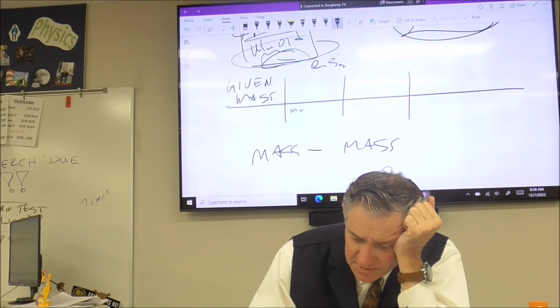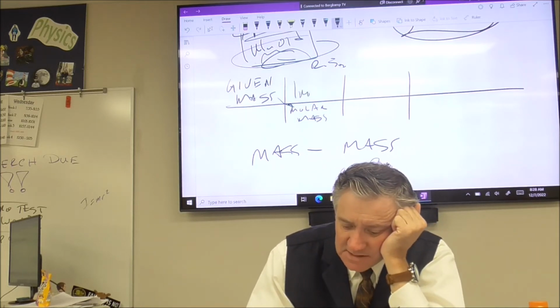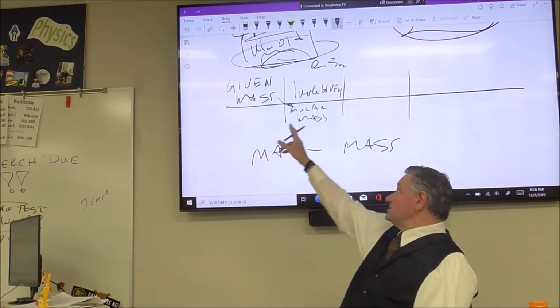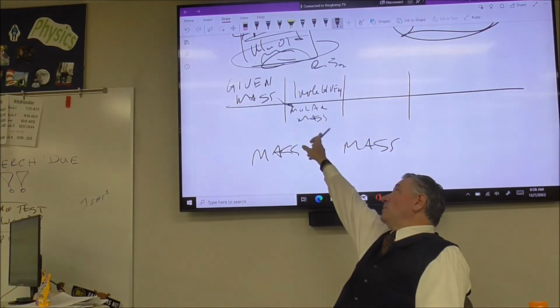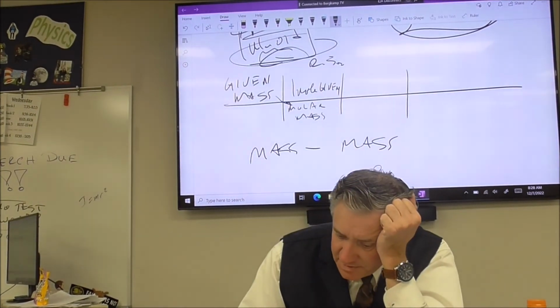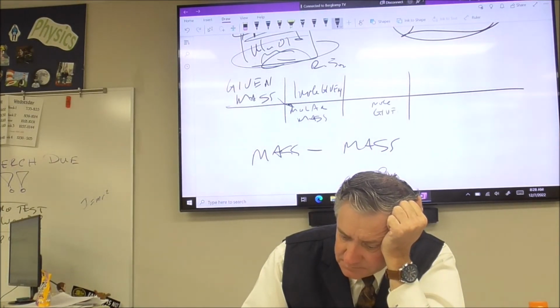Down here, you're going to put the molar mass of whatever that is, and that's going to be 1 mole of your given. The only thing that changes in this first step is this molar mass and how much mass you're given. Then you're going to put moles of given here.